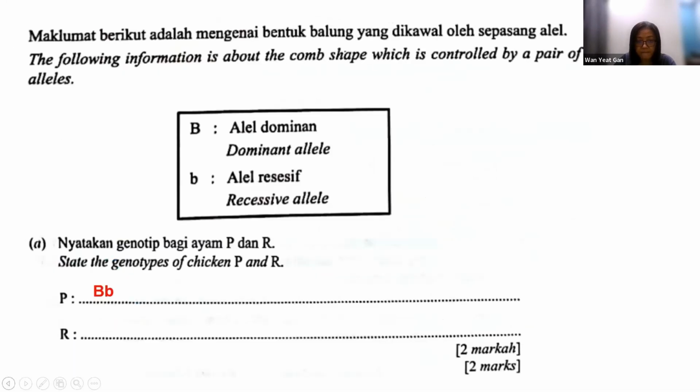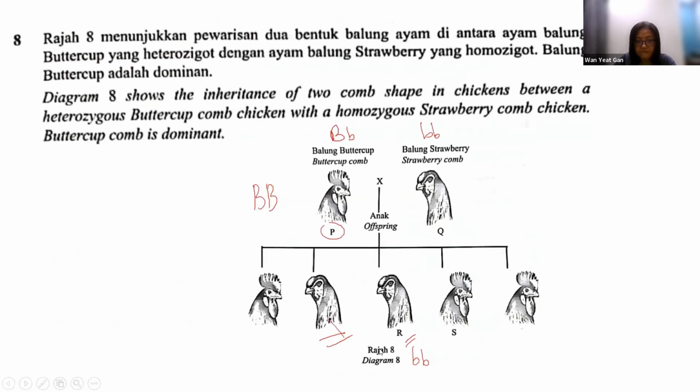Okay, let's go back again. What do you think S is? Is it big B, big B, or big B, small b? So it has to be big B, small b, because the parent Q is double small b, and the big one, the P, has one big B, one small b.